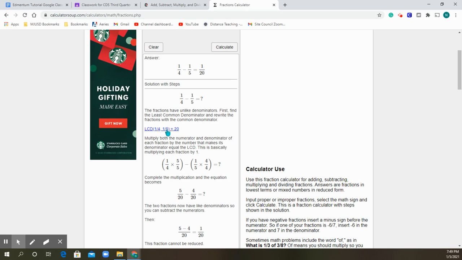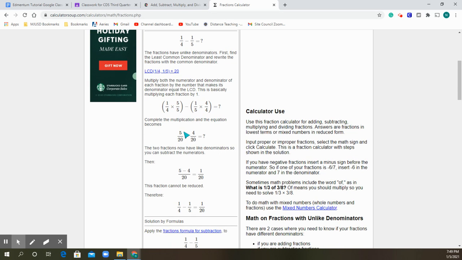For example, 5 doesn't go into 12, 4 doesn't go into 25, but 4 and 5 both go into 20. The least common denominator. There's this whole cross multiplying thing going on. Then, when you do that, you get 5/20 minus 4/20 equals 1/20.